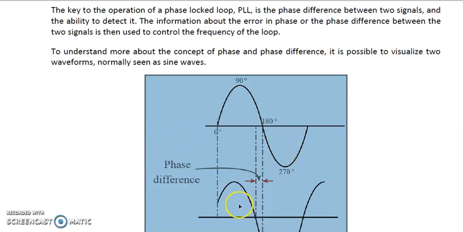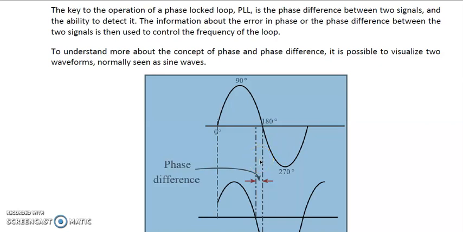And if the frequencies are different for the two waves, then this phase difference may not be the same. Maybe here the phase difference is phi 1, and at another point the phase difference may be phi 2, having some different value. So I think now you have understood the meaning of phase difference.